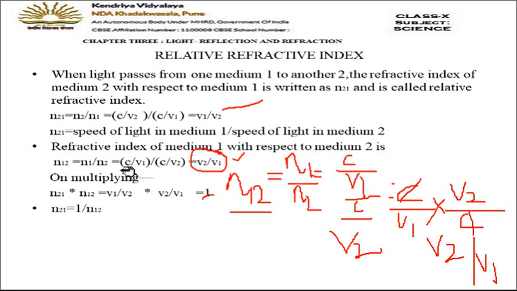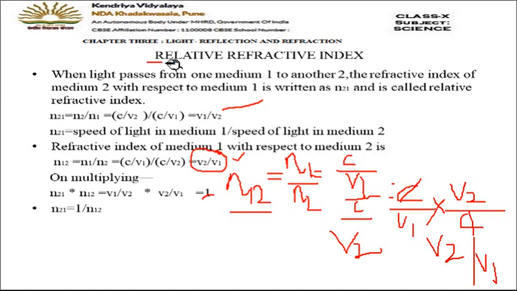From here you can see that the refractive index of medium 2 with respect to medium 1 is v1 upon v2, and the refractive index of medium 1 with respect to 2 is v2 upon v1, so both are reciprocals of each other. So we can write that the refractive index of medium 2 with respect to 1 is the reciprocal of the refractive index of medium 1 with respect to 2, because both are opposite to each other.